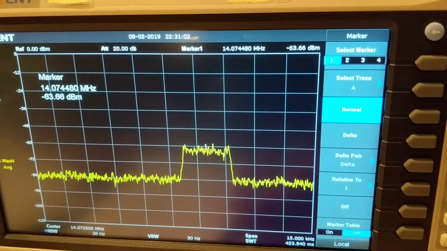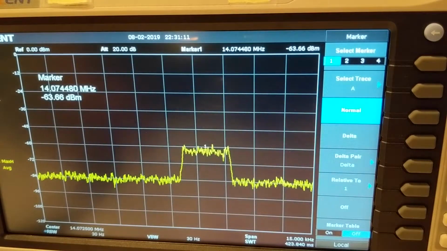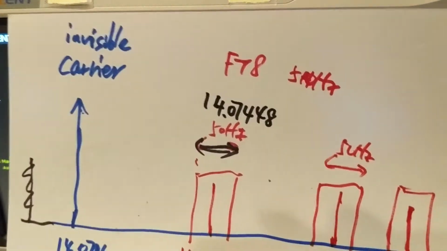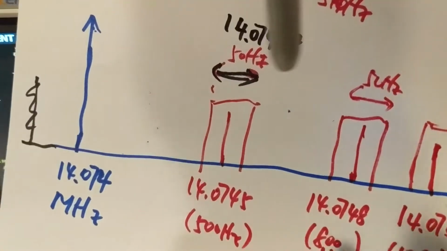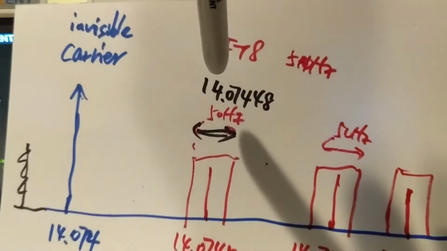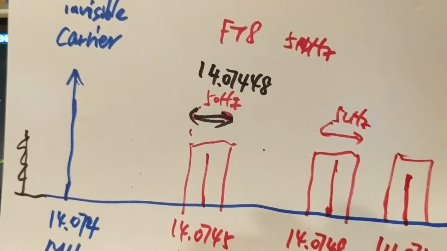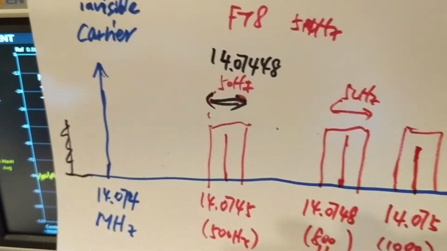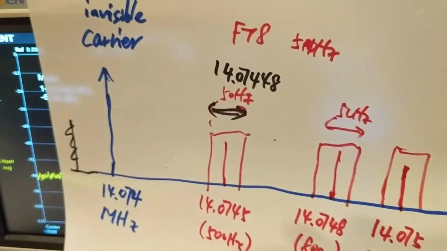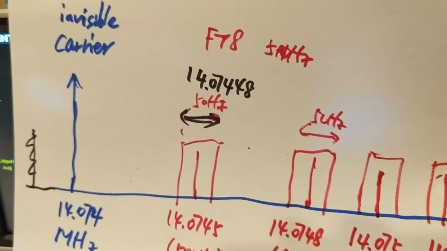The center frequency is 14.07448. Look at our prediction. We expected 14.0745, and measured 14.0744. Very close. So it is true that it is sending at this frequency for 500 hertz.